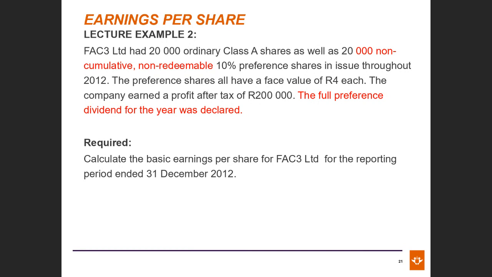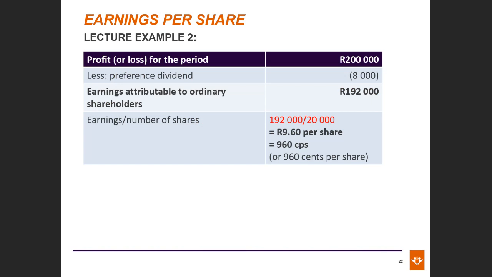Well done. So let's look at the answer. So we have profit or loss for the period of 200,000. That was given to us in the question. And we need to ask ourselves, these preference shares here, should they be deducted or not?